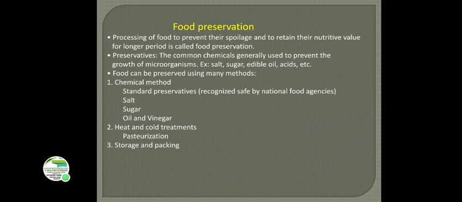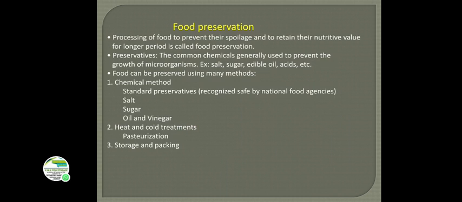They should retain their nutrient value, and that condition of keeping the food for a longer period without getting spoiled and retaining its nutrient value is called food preservation. What is food preservation? Processing of food to prevent their spoilage and to retain their nutritive value for a longer period is called food preservation.